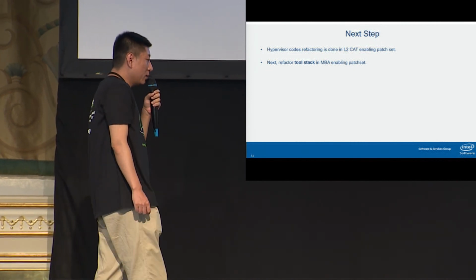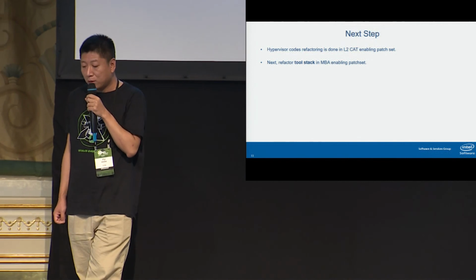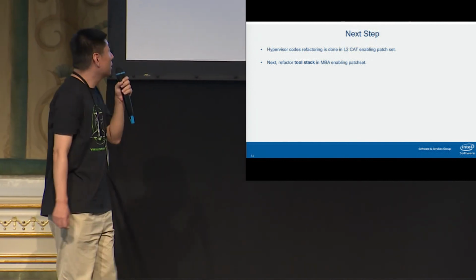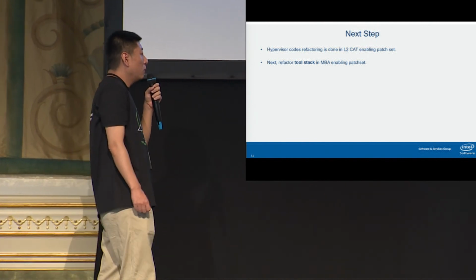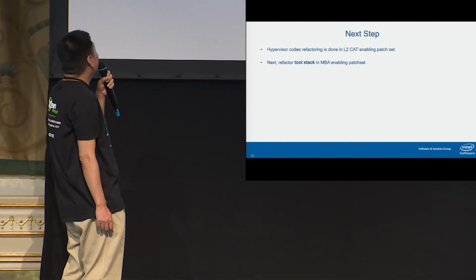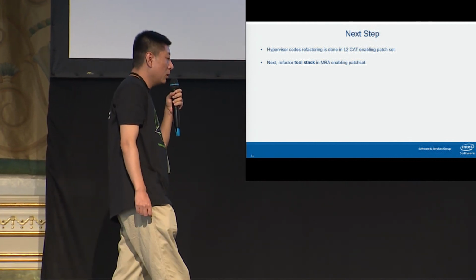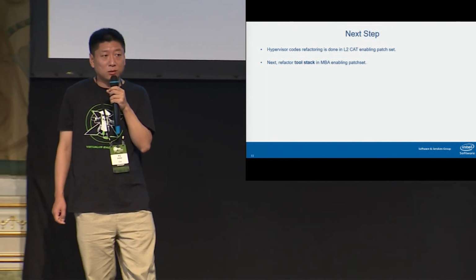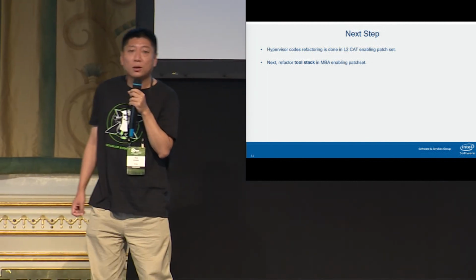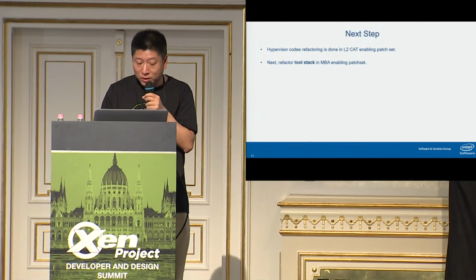We can expect these patches to be accepted in the near future. Next, we are going to support MBA, and we'd like to refactor the toolstack to make the interfaces more generic. Supposedly, we will send out the patches very soon. Okay, that's all for this presentation.